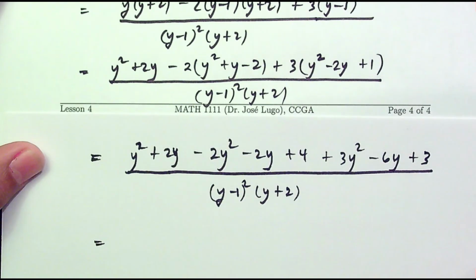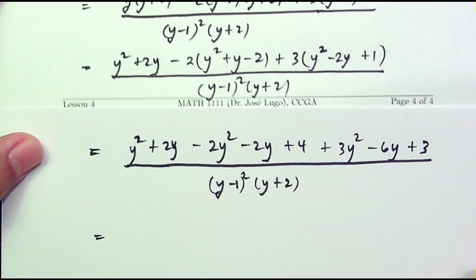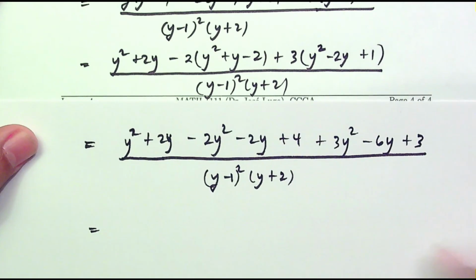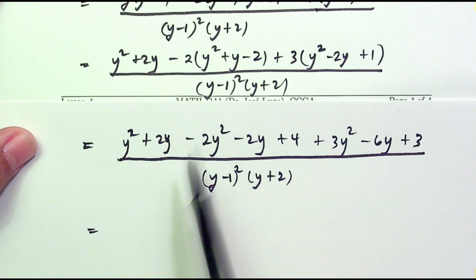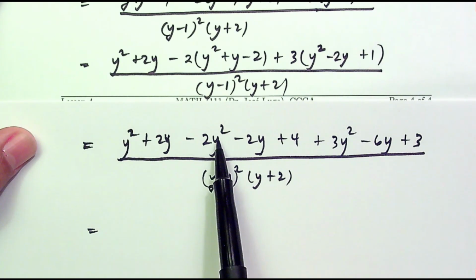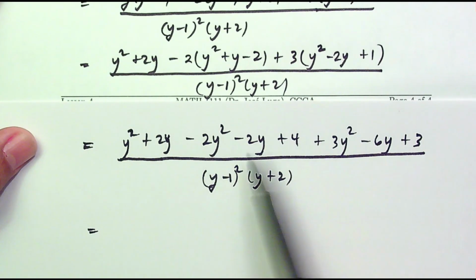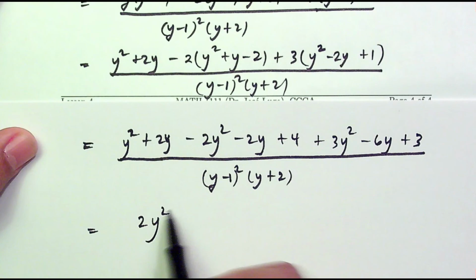Okay, now combine any like terms and see if you can simplify any more, and that would be it. Combining the y squared terms, y squared minus 2y squared is negative y squared, and 3y squared is 2y squared.